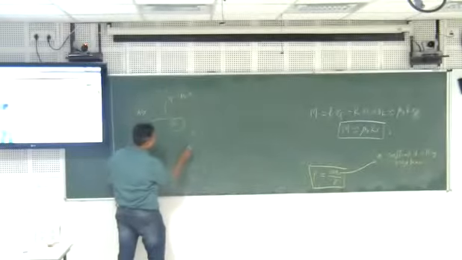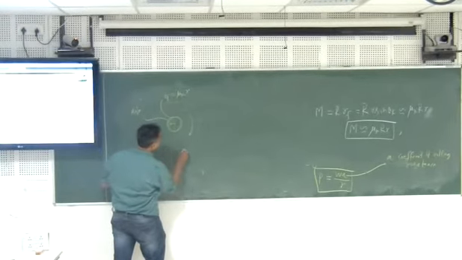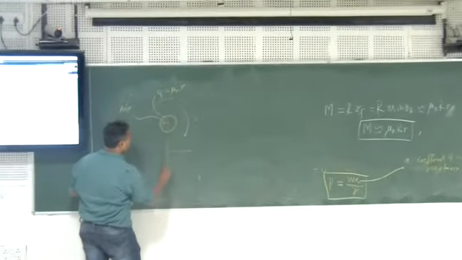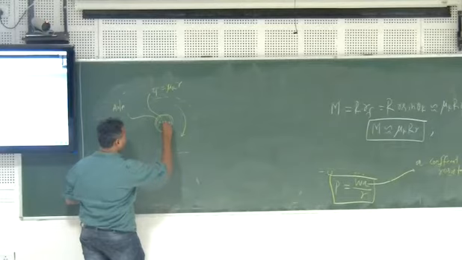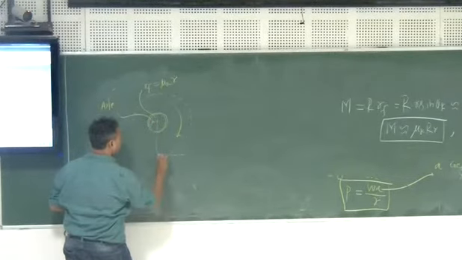Now, since it is rolling in this direction, your rolling resistance point, the contact point, will be somewhere here.